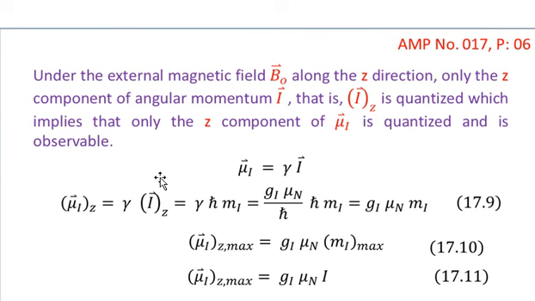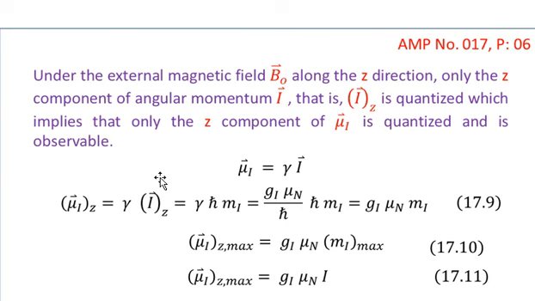Since I is quantized, then of course the magnetic moment mu I will also be quantized, and these quantities, that is Iz and mu Iz, those z components of I and mu I, will only be measurable quantities.